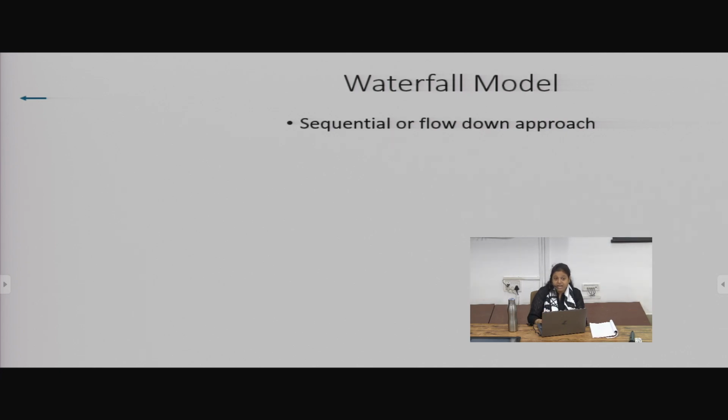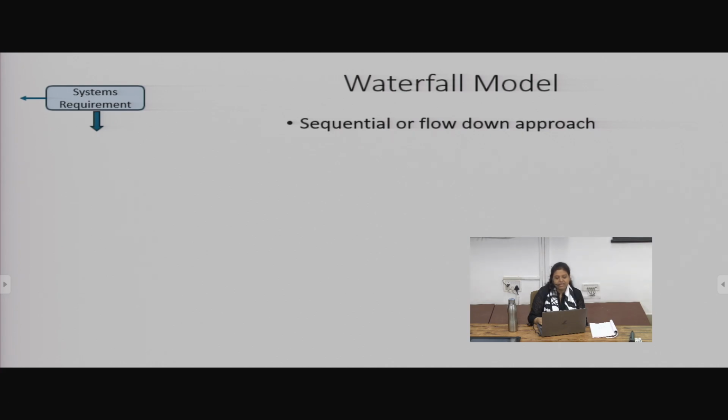You are very clear with your things. The sequential or flow down approach, the term itself indicates, is a change resistant model. When you are changing something, it will not be easy to adapt that change, right?